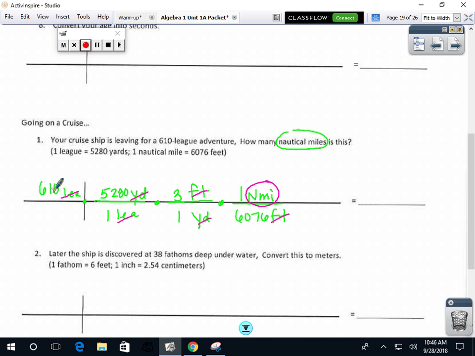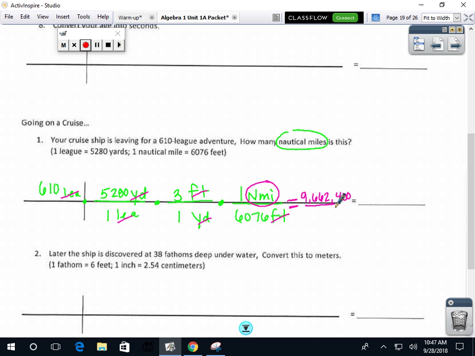And now the top, you would multiply 610 times 5,280 times 3 times 1, and it becomes what? So 9,662,400.